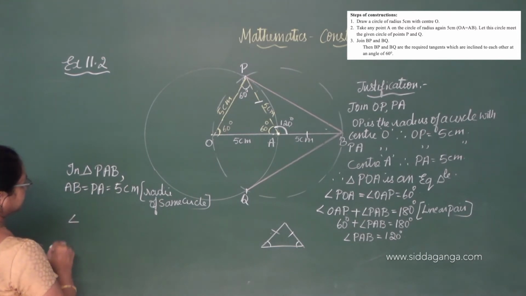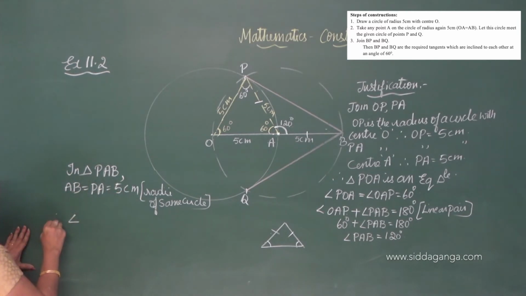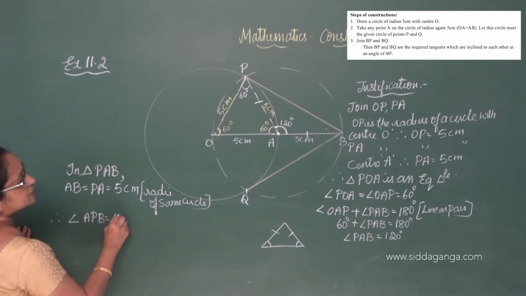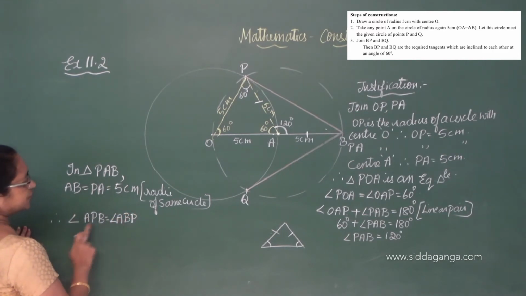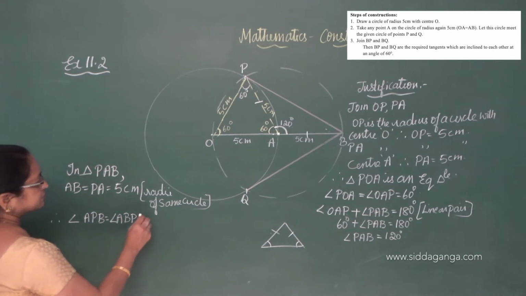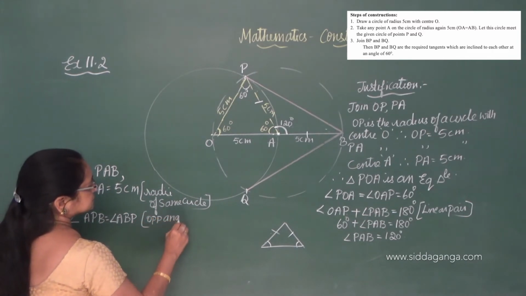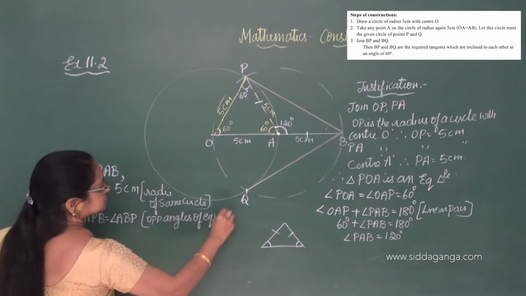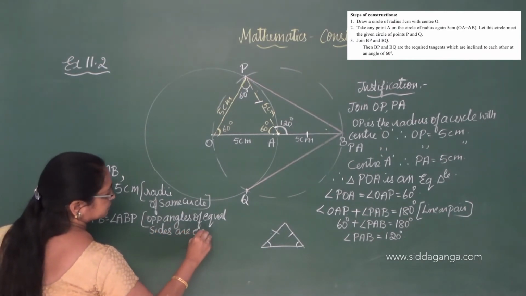Now since it is equal, therefore angle APB is equal to angle ABP. Okay, these two angles are equal. Why? Because opposite angles of equal sides are equal.